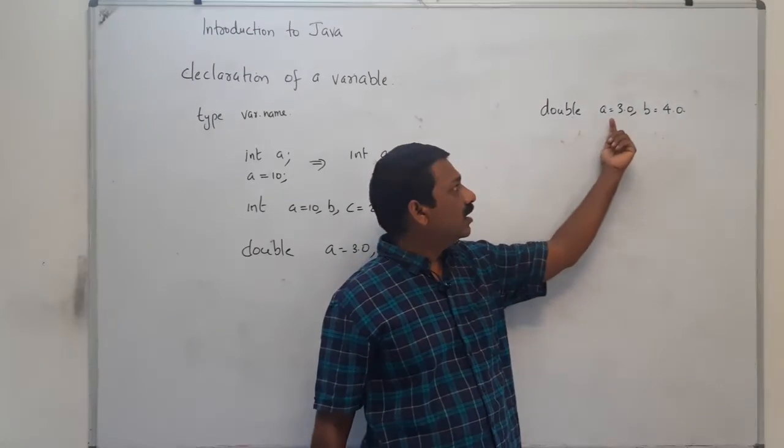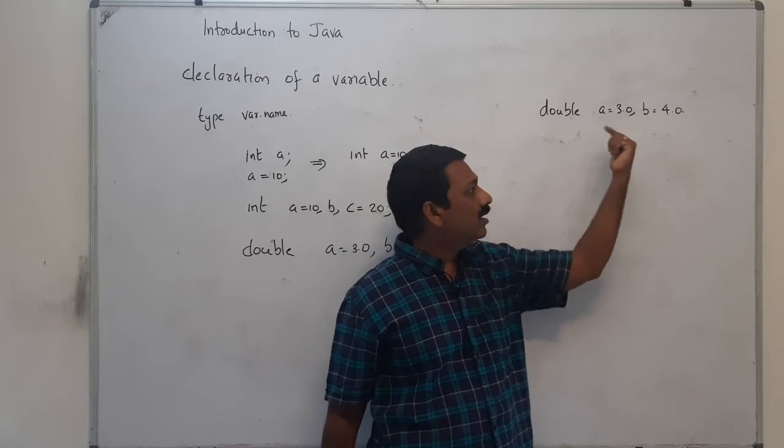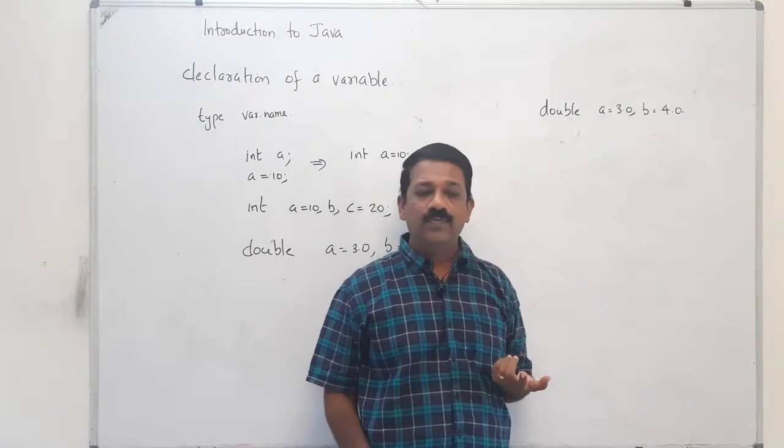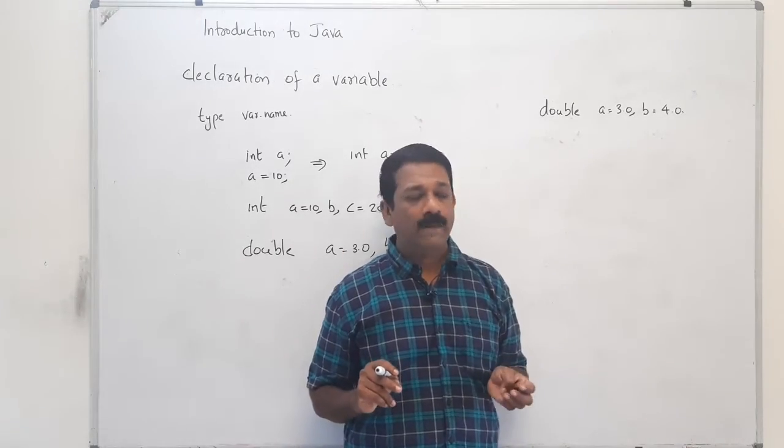That means suppose that this is the base and this is the height, and if you want to find out the length of the hypotenuse, then it is root of a square plus b square.